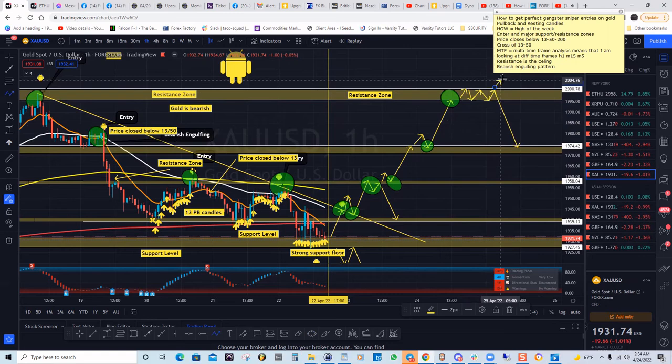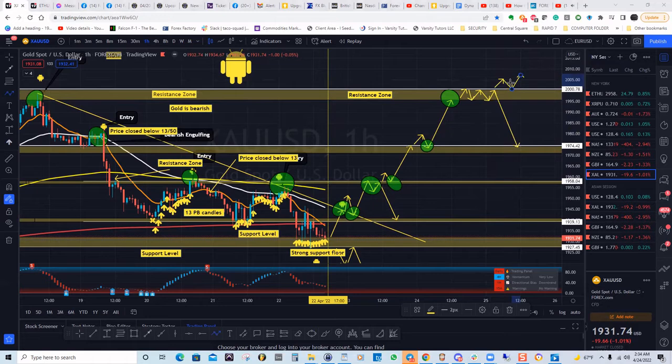Might come here and retest and break this high of the last week, right? See? Go that way. Here somewhere, see? So you gotta be careful about that. This is what we're looking at.